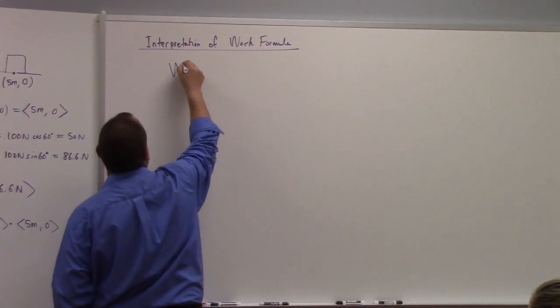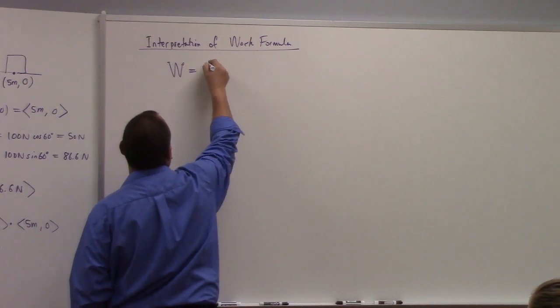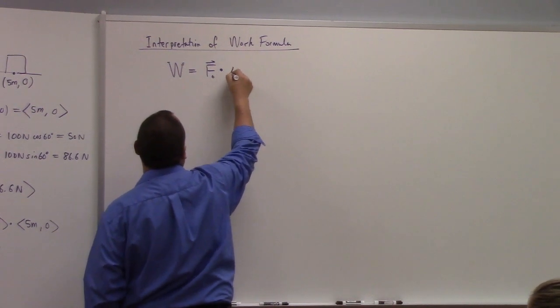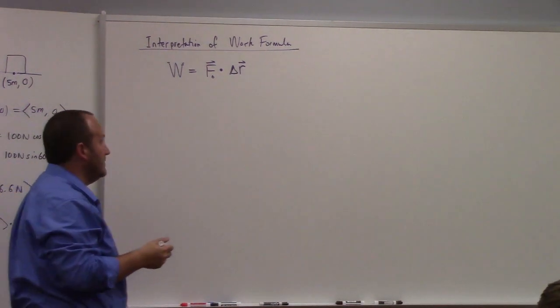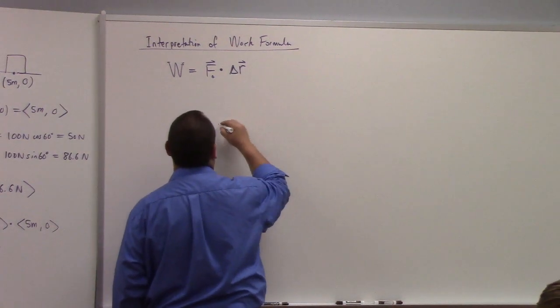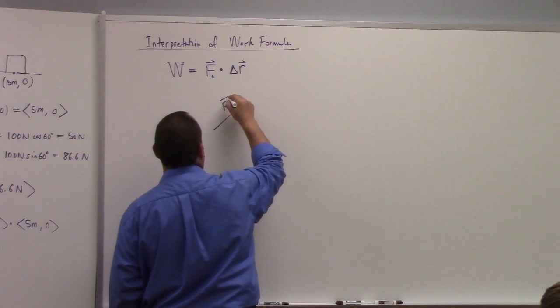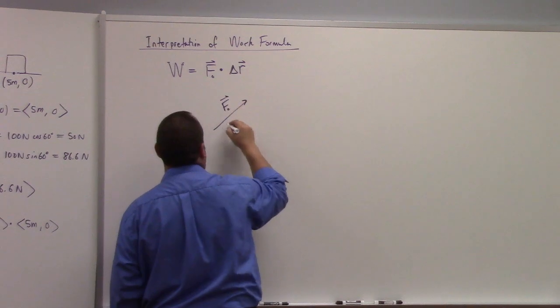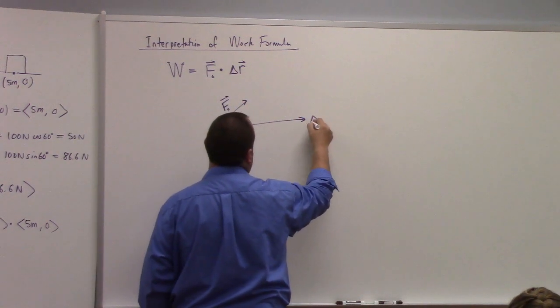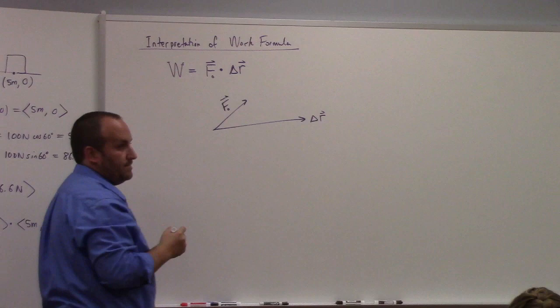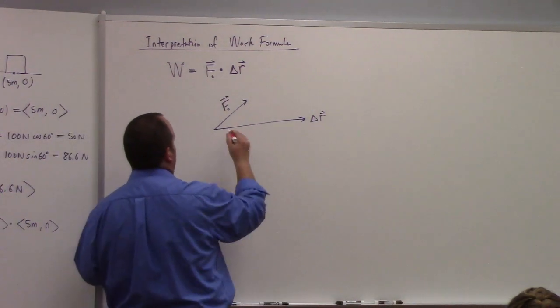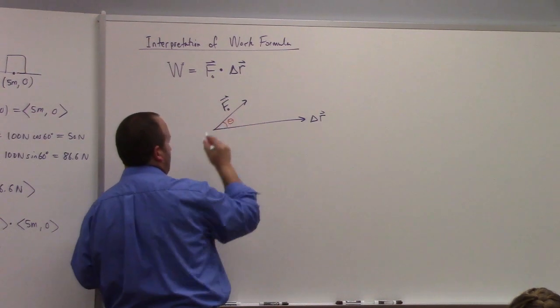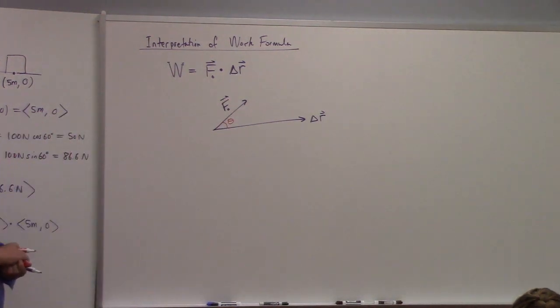So I said that the work is equal to the force dotted with the displacement. But if we draw a sort of abstract picture of this and say F naught looks like this, and the displacement looks like this, then we can also write the work in terms of the angle between the displacement and the force, theta, and simply the magnitude of the force times the magnitude of the displacement.